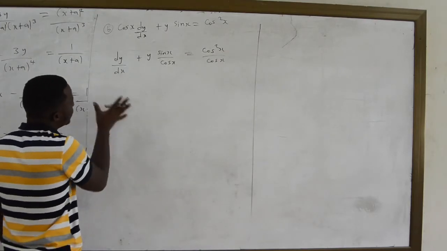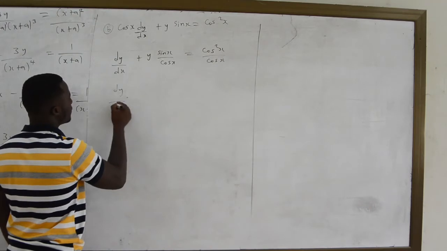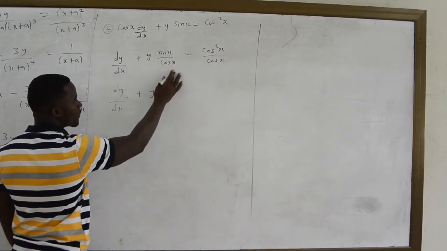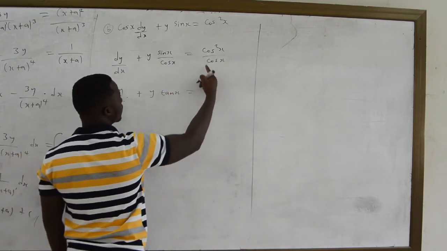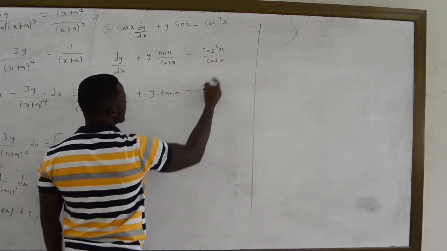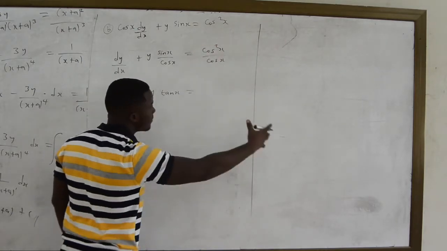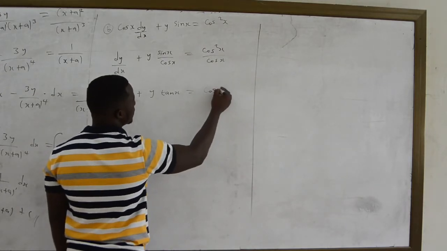Now, can I rewrite it from my paper in here? This one is the same as dy dx plus y sin x over cos x, which is the same as tan x. We have cos squared x over cos x, which is the same as cos x, so this cos x will cancel one cos x, leaving cos x.